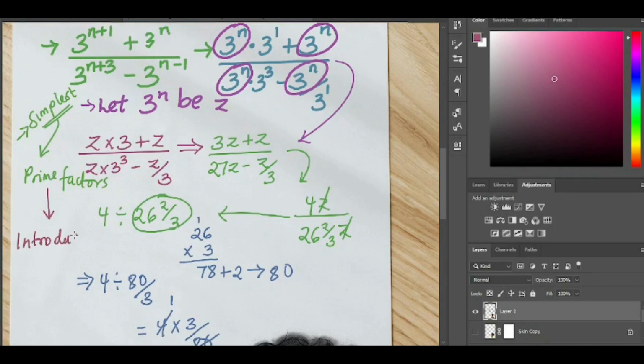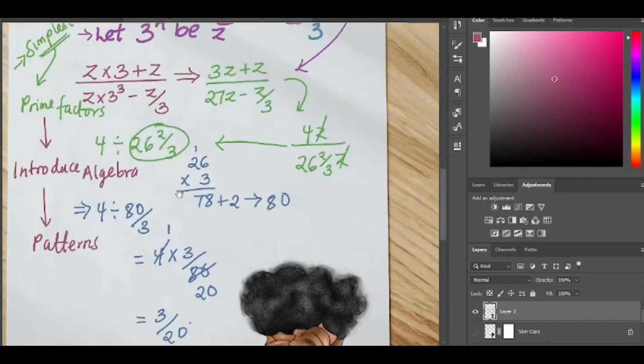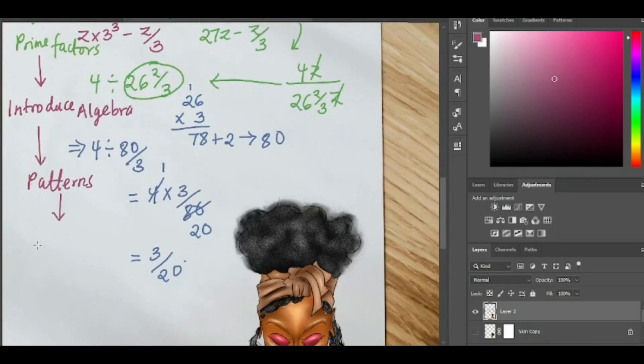The reason why we introduce algebra is so that it makes it very easy for us to see patterns. And once we notice the patterns, they guide us to know how simple it will be to simplify. In some cases, we'll have to use the appropriate formulas to be able to get our answers.